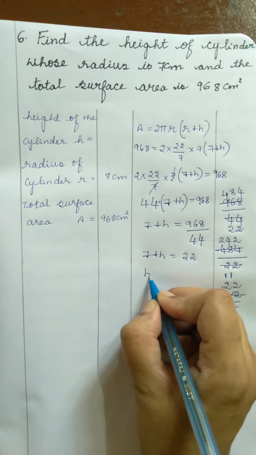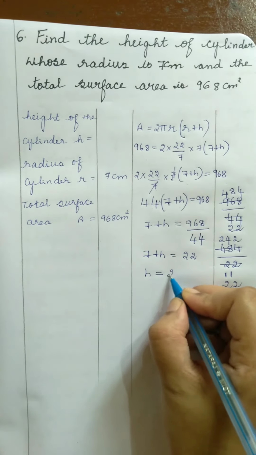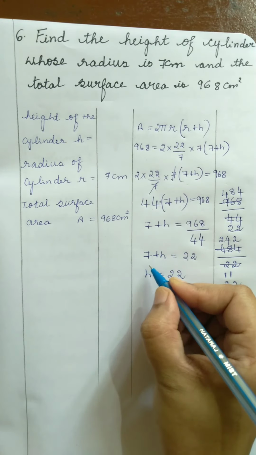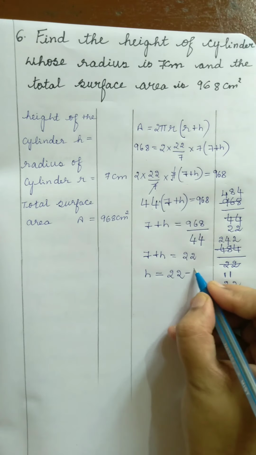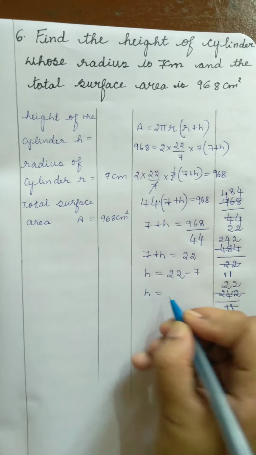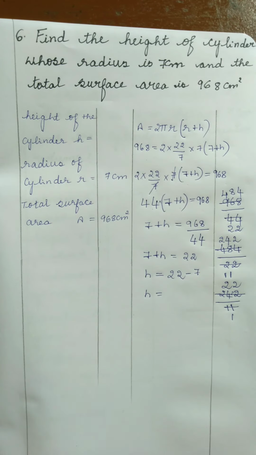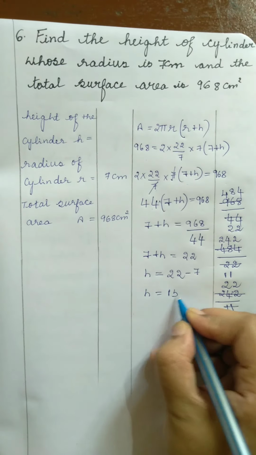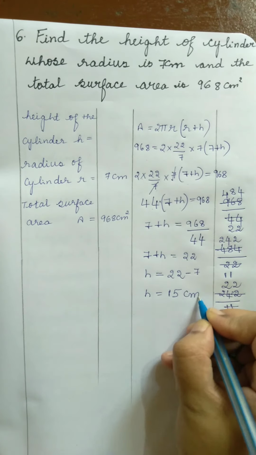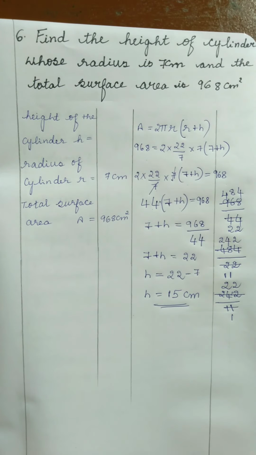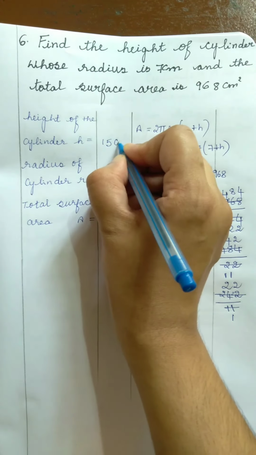Therefore, h is equal to 22, and here you have plus 7. While coming to the right side, it becomes minus 7. So 22 minus 7, you get the height value equal to 15 centimeter. Therefore, the height of the cylinder is equal to 15 centimeter.